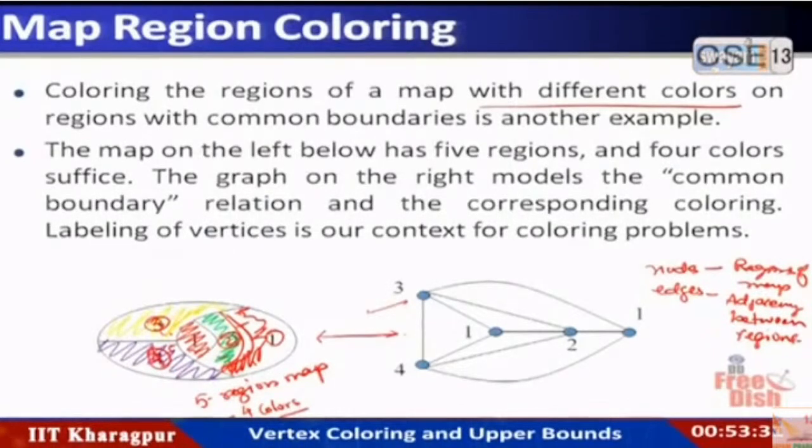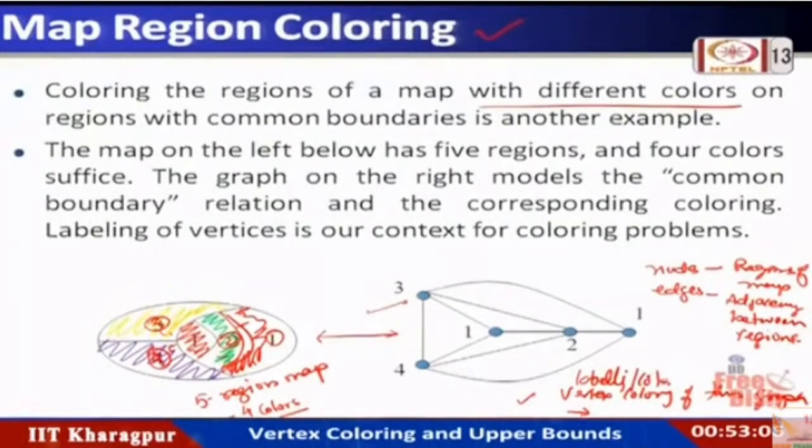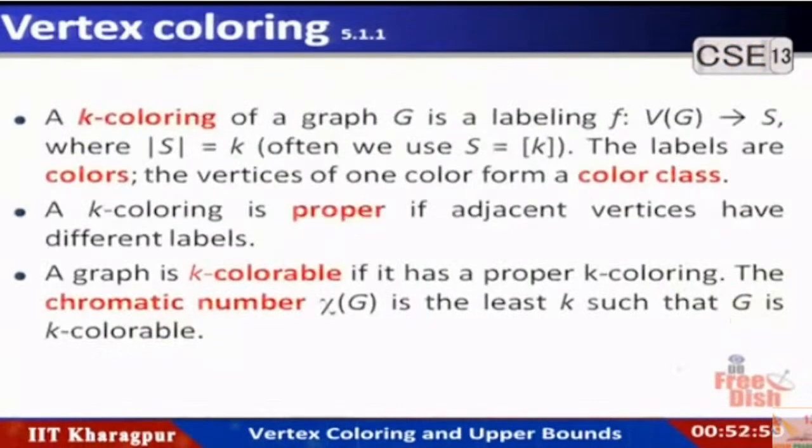So having modeled this particular graph, now we apply how many minimum number of colors required in this particular vertex coloring of this graph. That will be the solution for map coloring region. So this particular labeling of these vertices, or we also say it's a coloring of the vertices, will be the context for coloring problems.